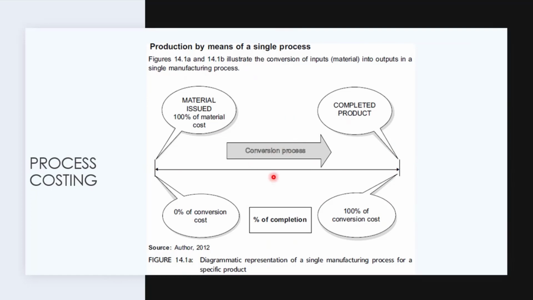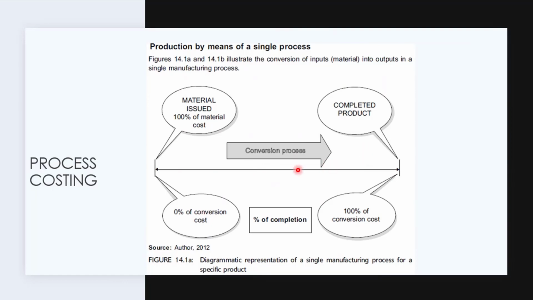This is where your labor and your overheads will come, because we are trying to convert this wood into either a chair or a desk, if you get what I mean. Then it will come to a point where it's complete. So process costing goes with the percentage of completion to say how far this wood is turning into a table.